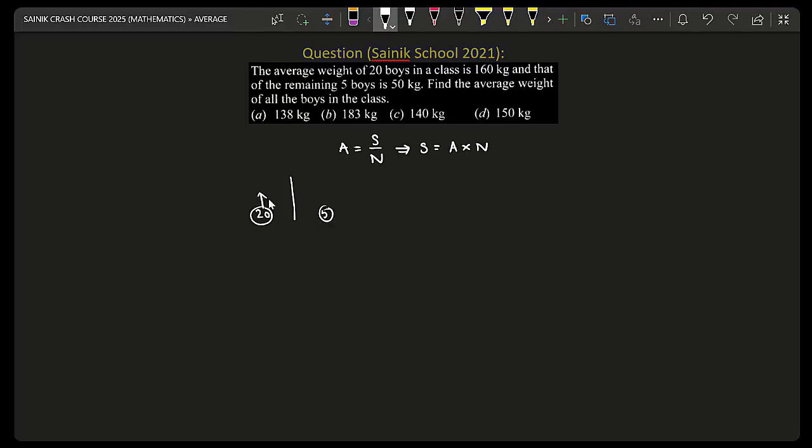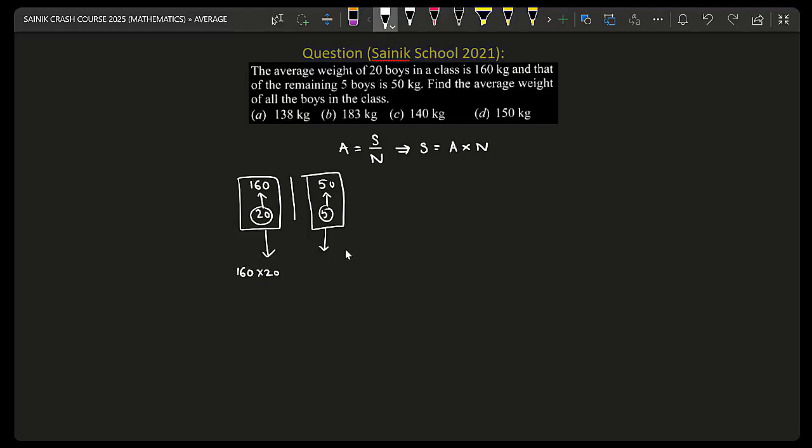For these 20 boys, the average is 160 kilograms, and for these 5 boys, the average is 50 kilograms. So I want to find the sum of all these boys, 20 boys. How can we calculate that? Sir, multiply 160 by 20. Yes, 160 multiplied by 20, you get the sum of all these boys. Wait, the sum of these 5 boys, I want.